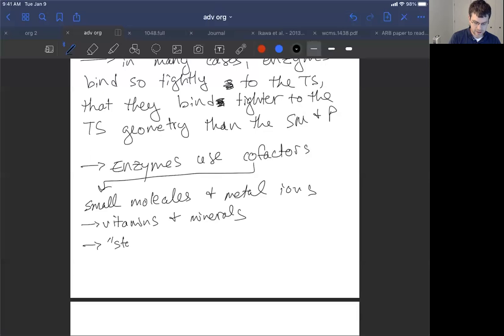So that stack the deck, that was a term I heard some famous enzymologists kind of throwing around as they were describing evolving new enzymes. They said when you can evolve new enzymes around a cofactor, you can stack the deck in terms of the type of chemistry an enzyme can do.